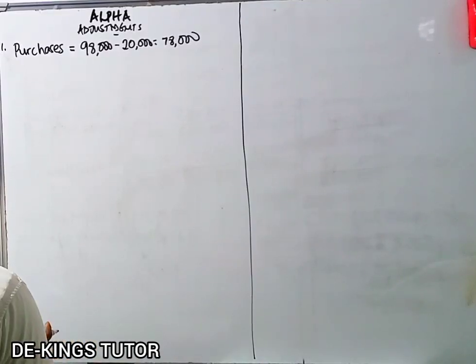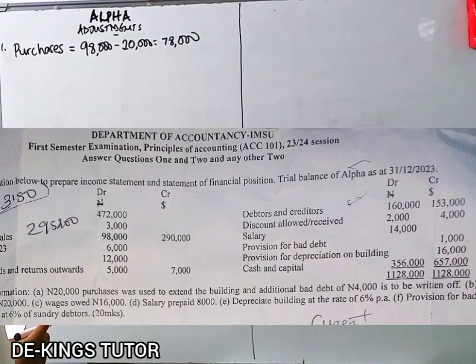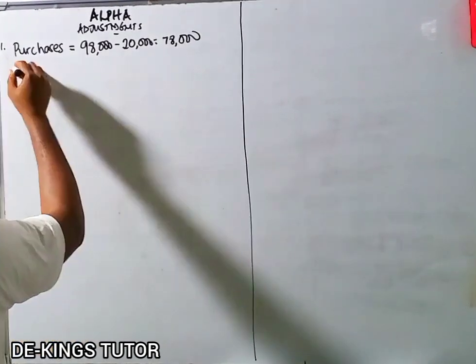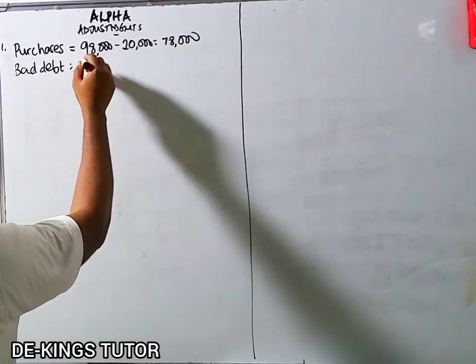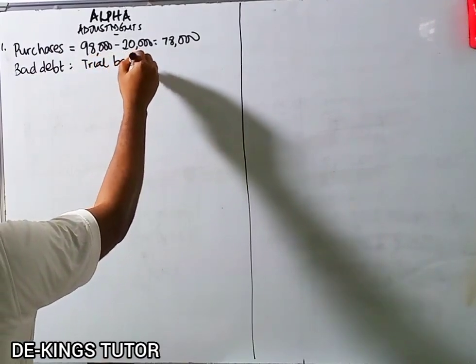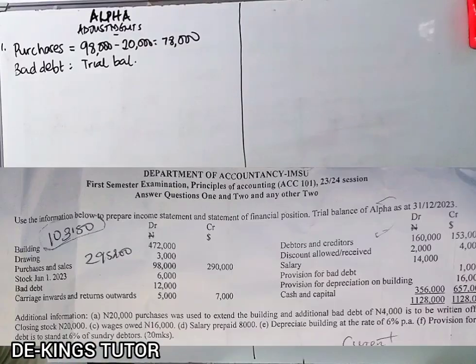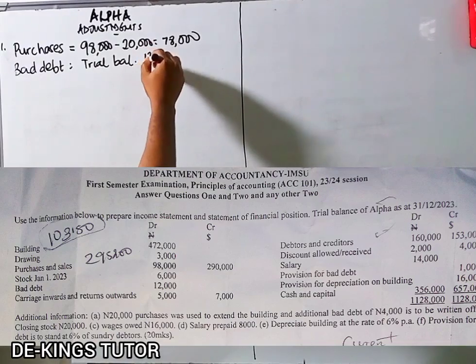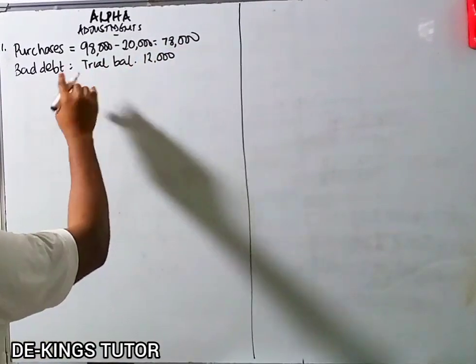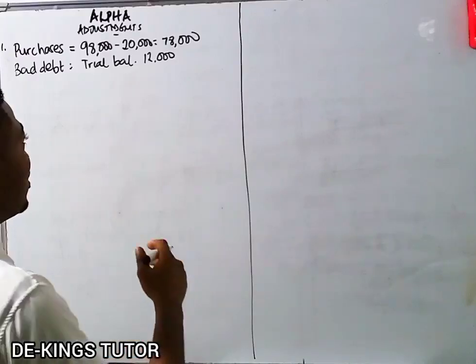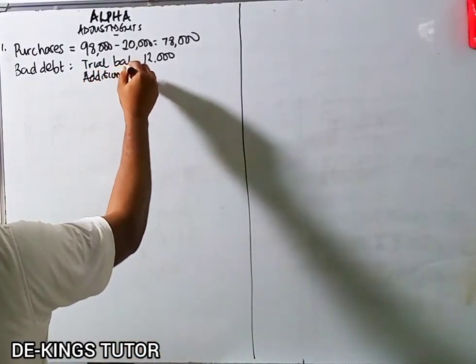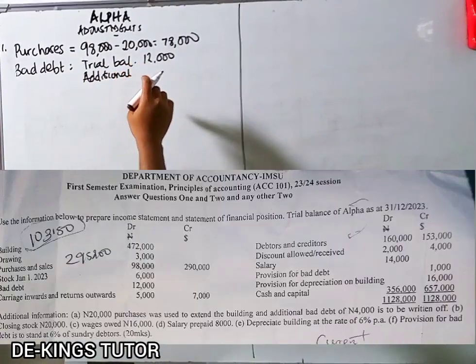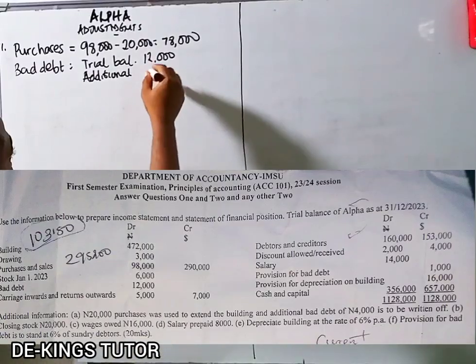And they also said additional bad debt of 4,000 is to be written off. So if we write our bad debt from the trial balance, let's check what we have in the trial balance. There's bad debt in the trial balance as 12,000. Now they said additional bad debt is to be written off, and from the additional information it is 4,000.